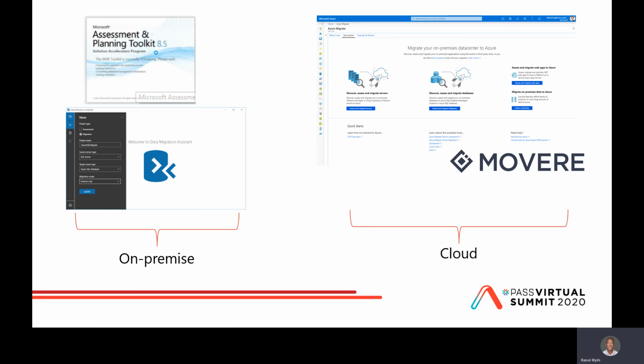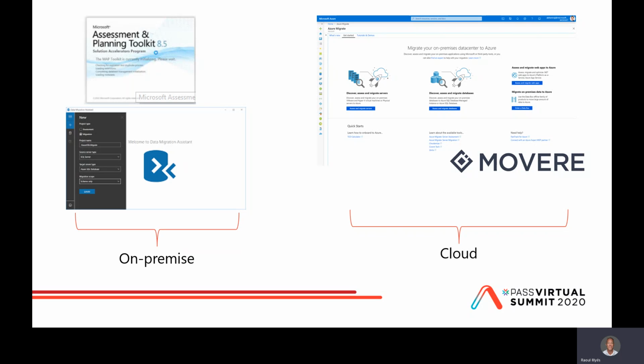Now, the final part here is that, as I already said, there's also a cloud option from Microsoft, and it's all collected within the Azure Migrate service page. Within that page, what's happening in the background is that you will run the discovery, assessment and utilization data collections, but now you will be running them from the cloud instead of on-prem.